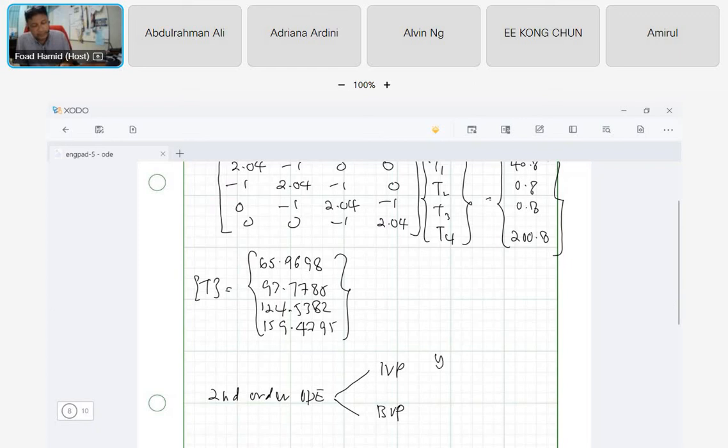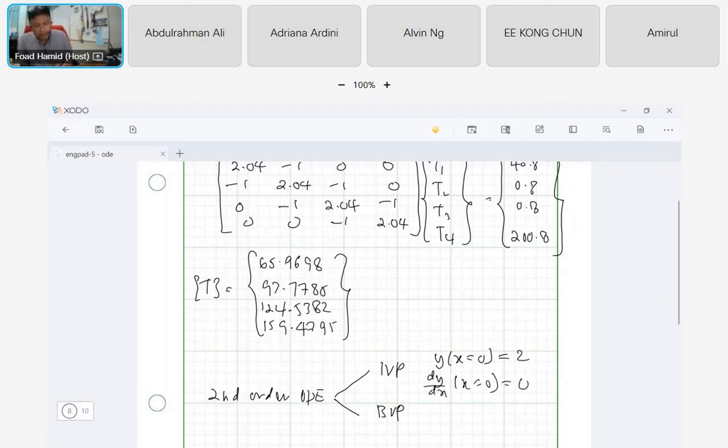that y at x equal to 0 is, for example, 2, and y prime, or dy/dx, at x equal to 0 is equal to 0.